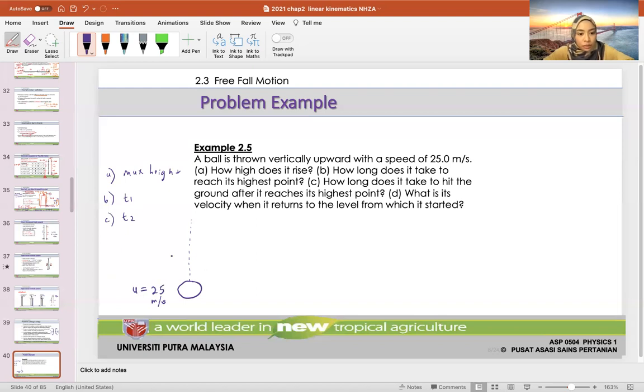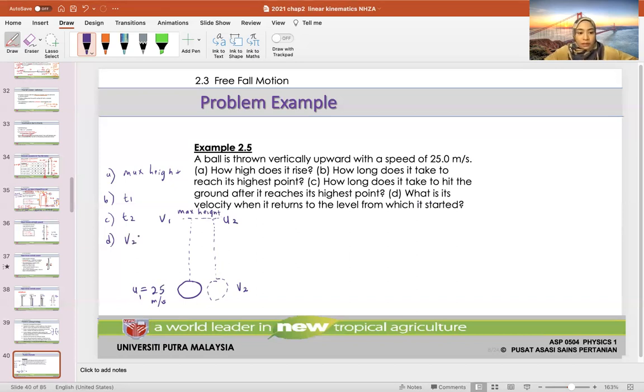So we started with U and it's asking for the final V. If we are breaking it into two parts, this would be our V2, and this is our U2, and this is our V1 and this is our U1. And the maximum height occurs here, max height. So now it's asking for V2.